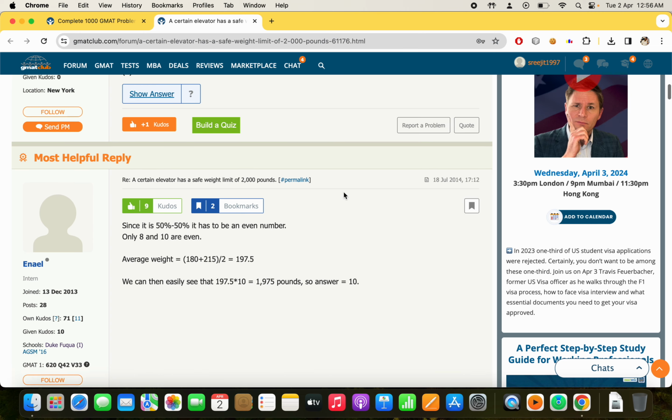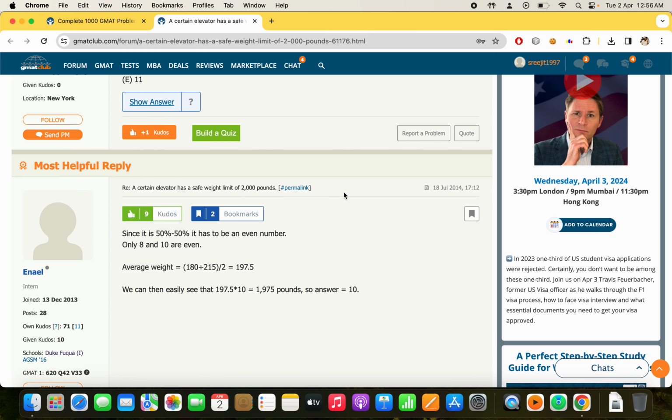Also, I think you can do it without a calculator as I just did, because 197.5 into 10 is something like 1975, and then you can understand that 11 into 1975 is something more than 2000. So 10 is the maximum.